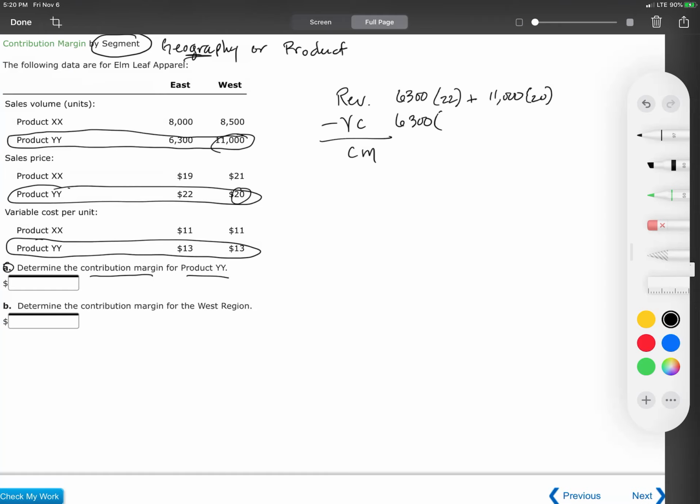They sell for a different price in that area. Now the variable cost would be 6,300 units, and let's see, variable cost is 13 here, and it's also 13 in the West.